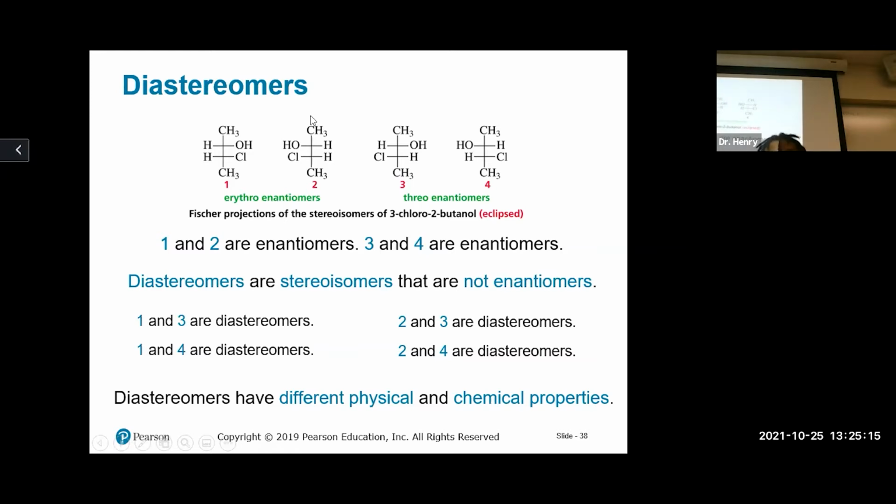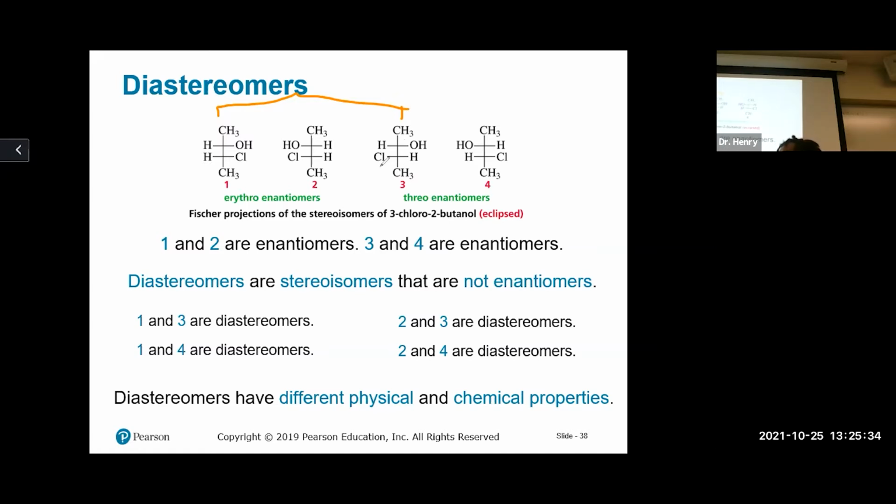Okay, so these guys actually have different chemical properties and physical properties. So 1 and 3 are going to be different in chemical properties and physical properties.